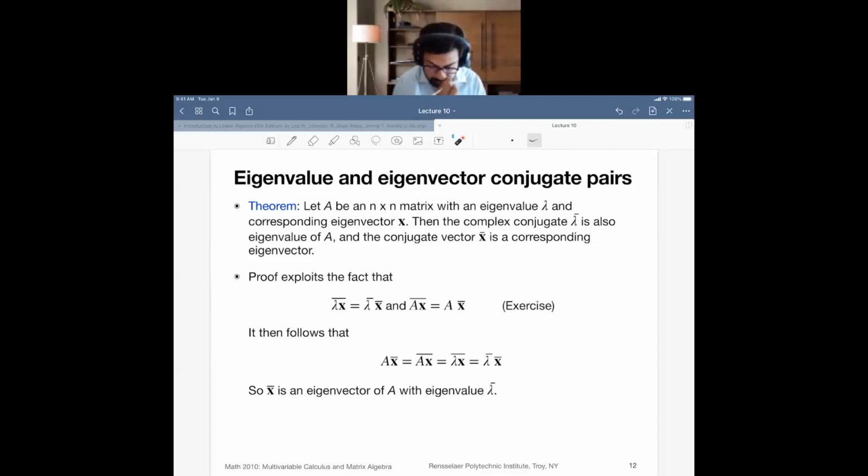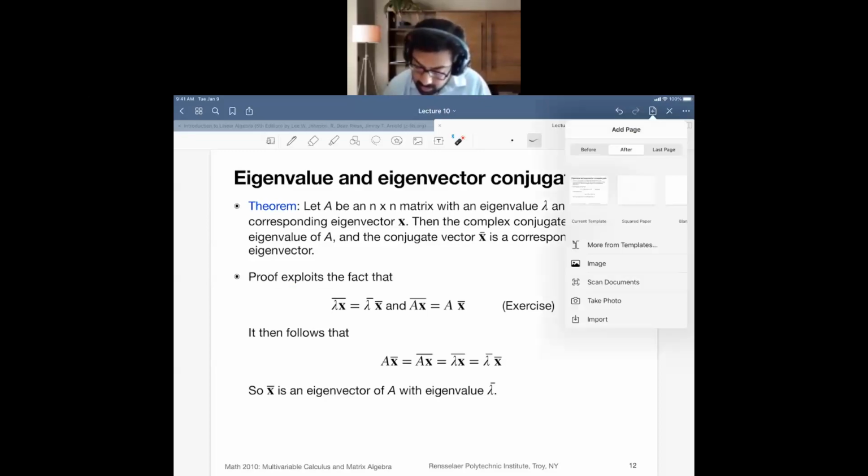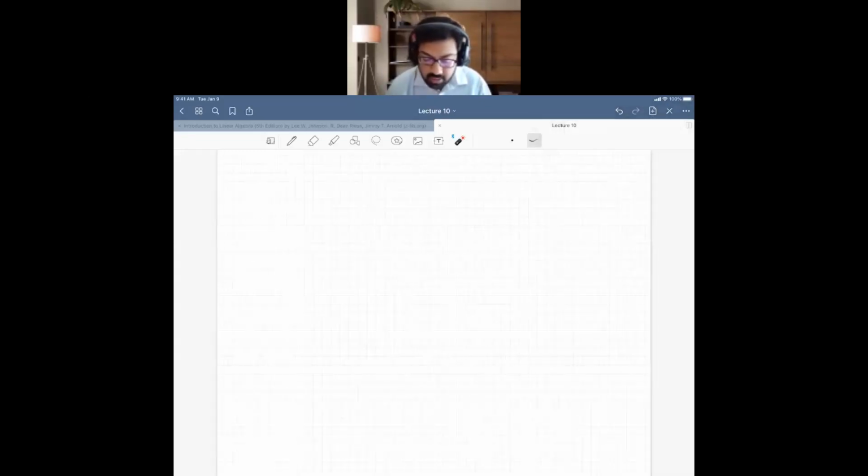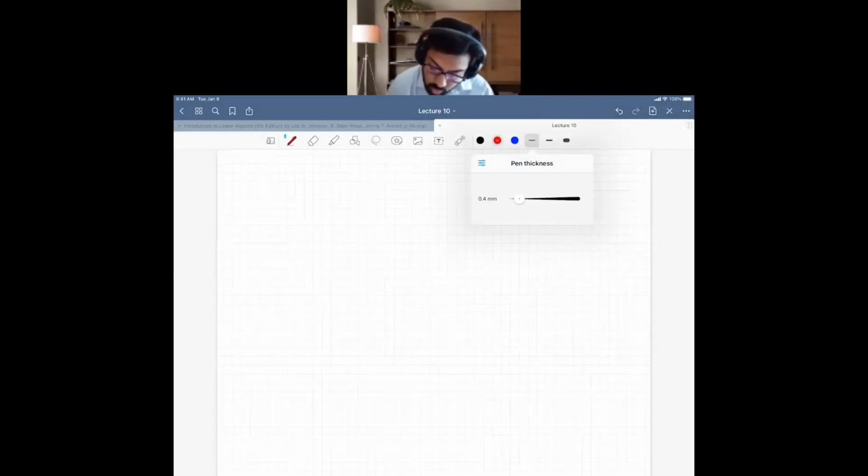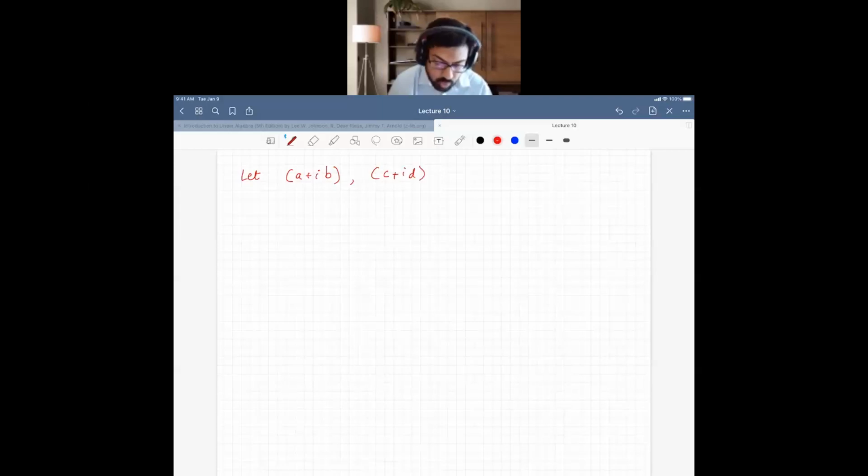Let's try to prove this, and we'll base it on one particular property of complex numbers, which I will lay out over here. Assume we have two complex numbers, A plus iB and C plus iD.